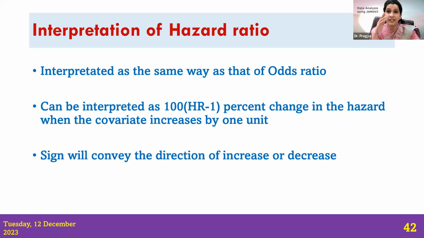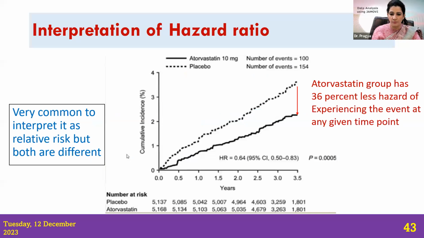This is done when the covariate increases by 1 unit, when the independent variable is continuous in nature, just like the interpretation of the odds ratio. And if it is a categorical variable, then you say that much increase or decrease as compared to the second group or the comparison group.